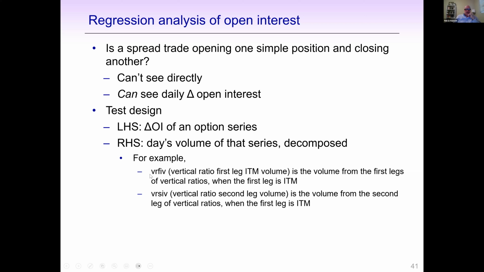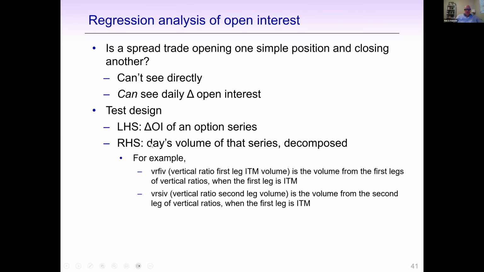So we have a very complicated notation, but for example, one of the right-hand side variables will be the volume that comes from vertical ratios where the first leg is in the money. Another variable will be the volume from vertical ratios, their second leg, when the first leg is in the money.